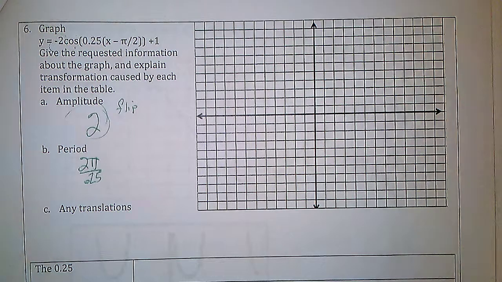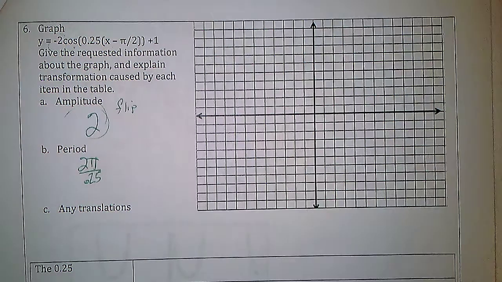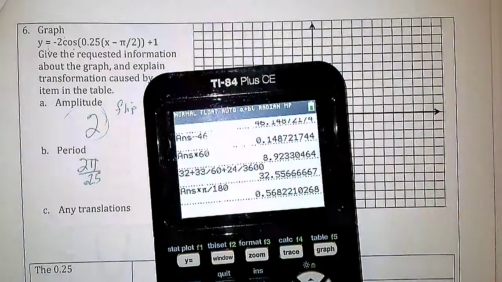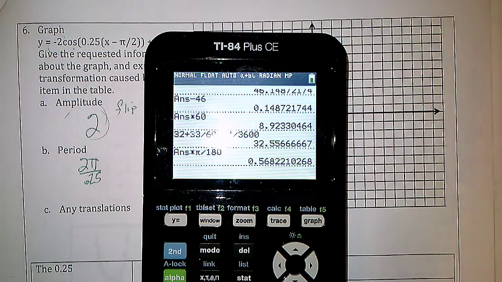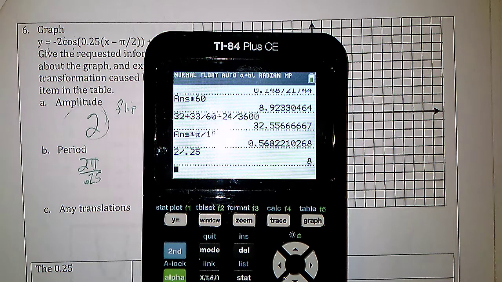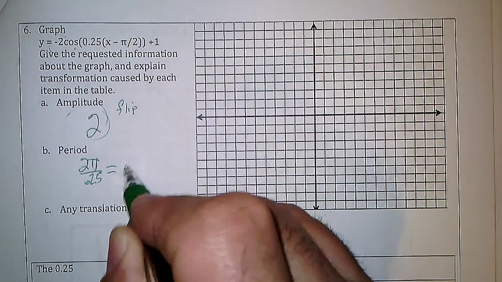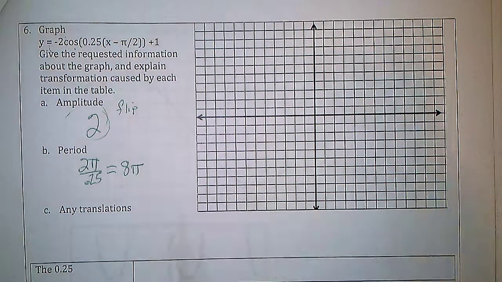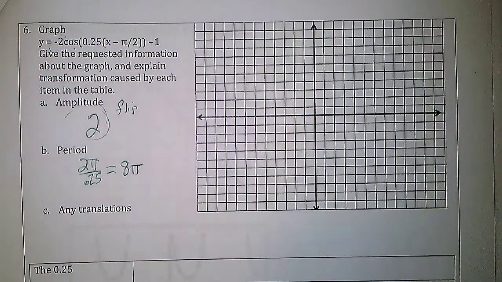And some people couldn't divide that well. If I needed to, I could take the 2 pi divided by 0.25, and I don't get half. I get 8. And so this comes out to be 8 pi for the period.